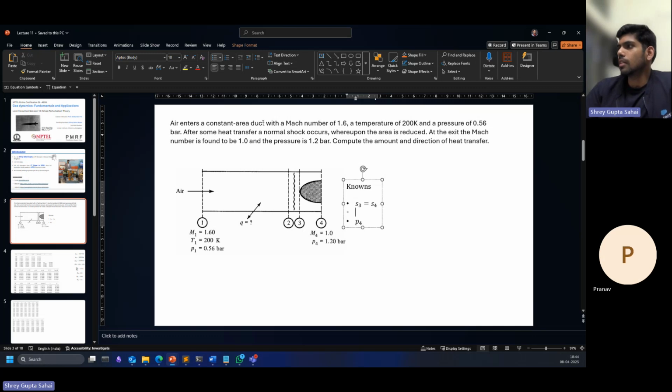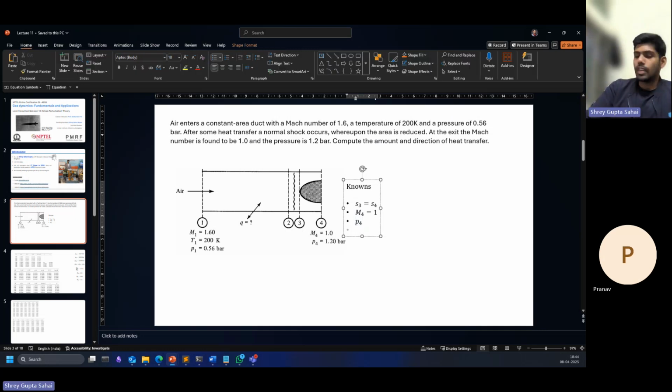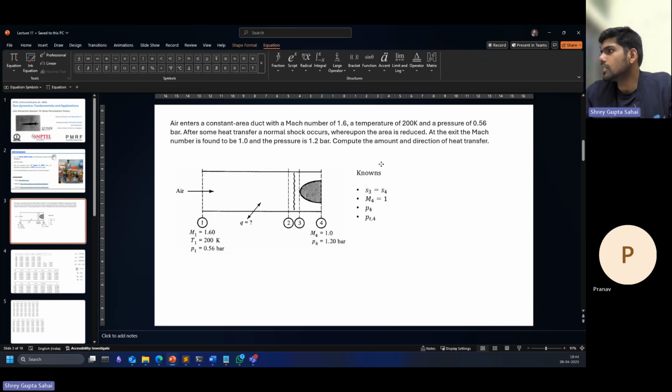It's also known that Mach 4 is 1. So what else is known? Just using this P4, we can actually calculate stagnation quantities, so the total pressure at 4 is possible to be calculated. We don't know temperature there, so nothing else can be calculated.